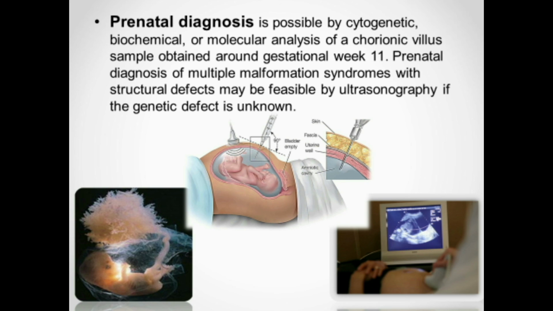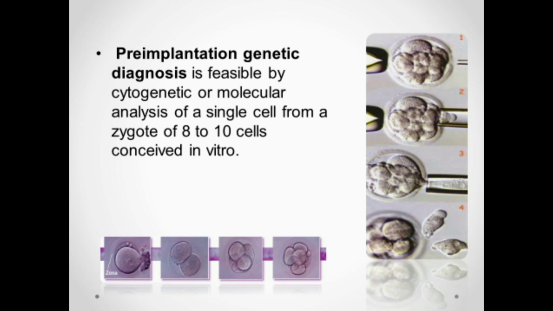Prenatal diagnosis is possible by cytogenetic, biochemical, or molecular analysis of a chorionic villus sample obtained around gestational week 11. Prenatal diagnosis of multiple malformation syndromes with structural defects may be feasible by ultrasonography if the genetic defect is unknown.